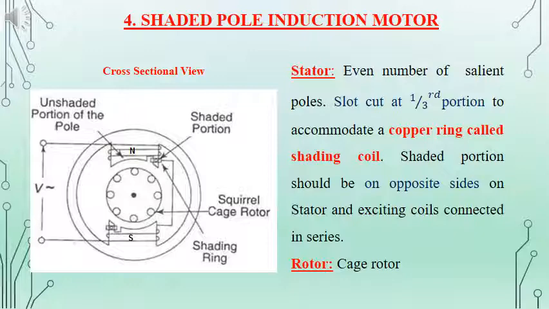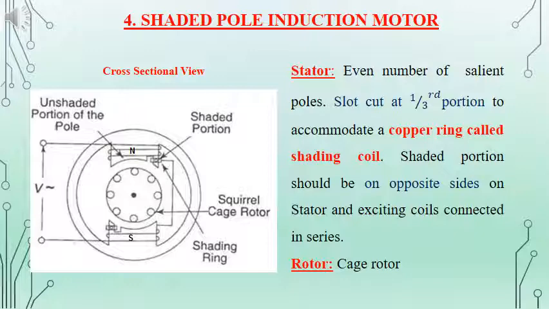It will be cut at a portion one third of the total, and the smaller portion will be provided with a ring made of copper. That area is called the shaded region or shaded portion, and the ring is called the shading coil. And this slot will be provided on opposite sides of the poles.